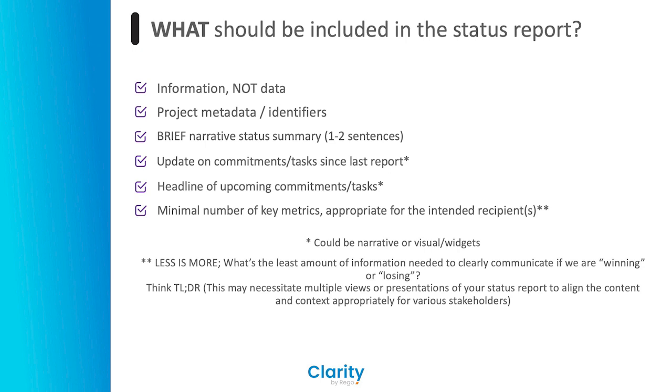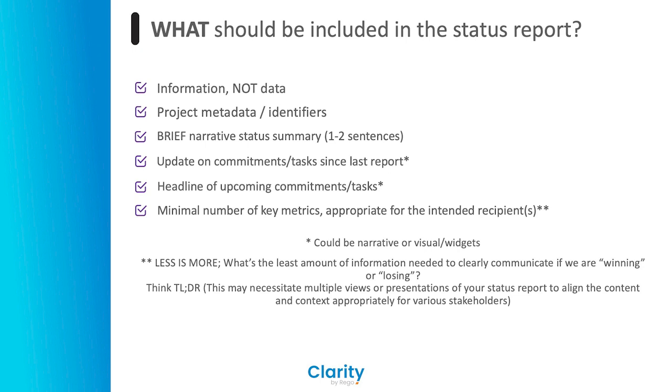Similarly with issues, maybe if there's just one or two key issues that we want to draw attention to, let's include those, but we maybe don't want to include every little minute detail that might not really warrant the attention of our audience here. And once again, visuals are preferred wherever possible. Having those nice red, amber, green indicators, perhaps burn dials or graphs. Basically, if you can convey your message with a picture instead of words, you can.